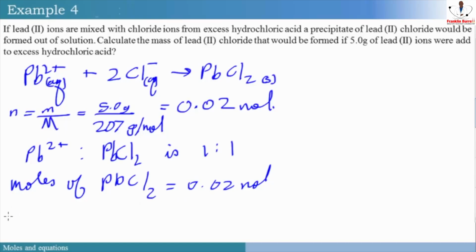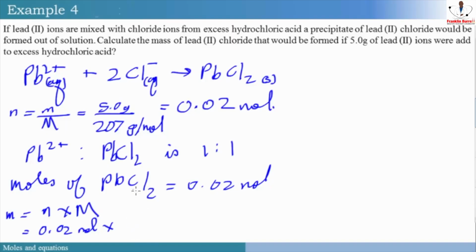So we know that mass is equal to moles times molar mass. And our moles here is 0.02 moles times the molar mass of lead-2 chloride. So what is the molar mass of lead-2 chloride?